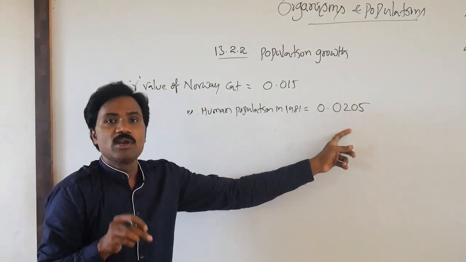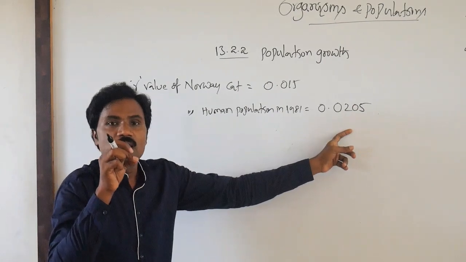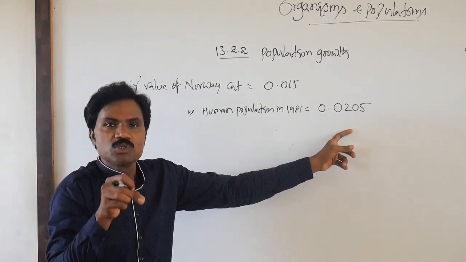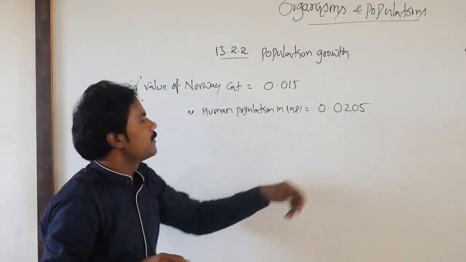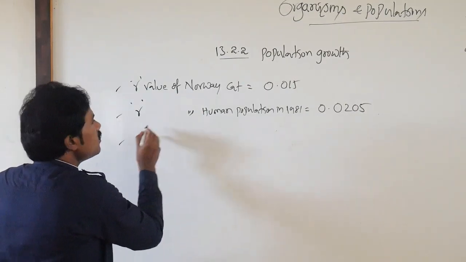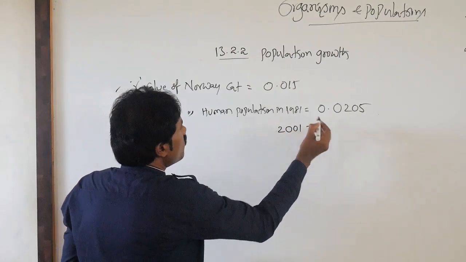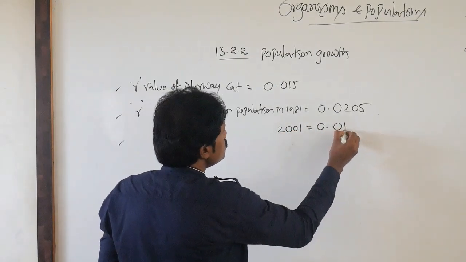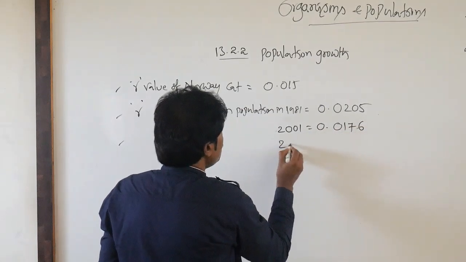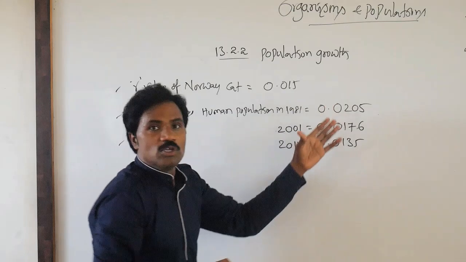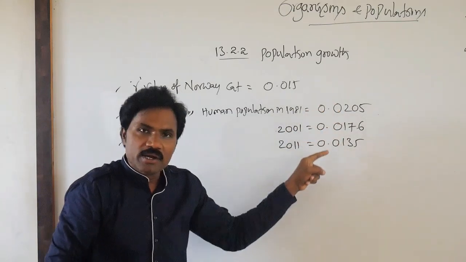In 1981 the human population's natural increase, that means the intrinsic natural increase of the population. Similarly, the r value in 2001 and in 2011, these are how we calculated it.